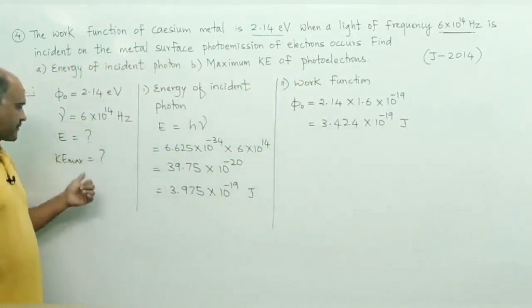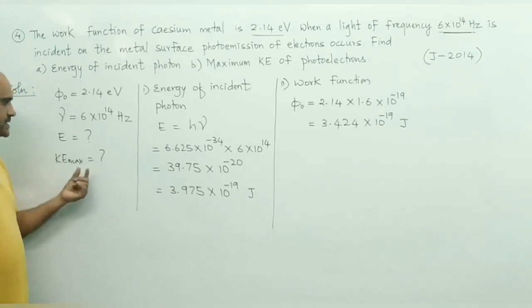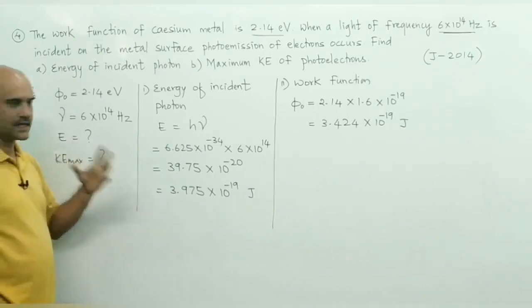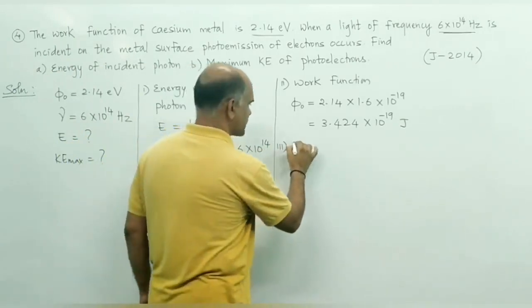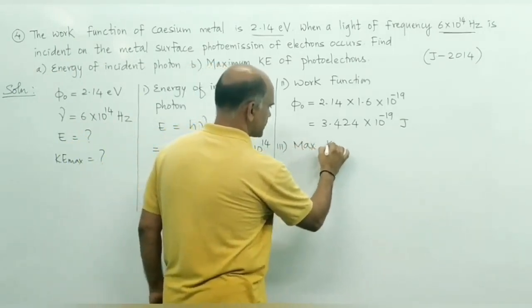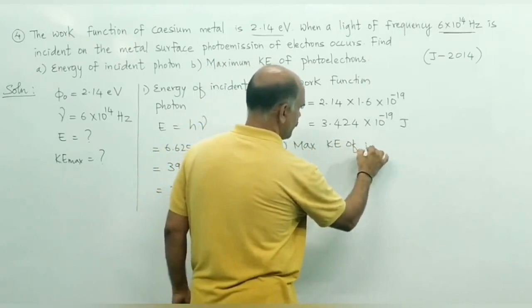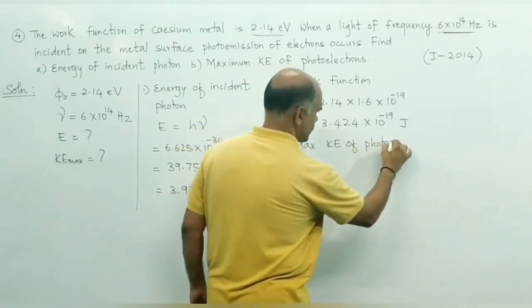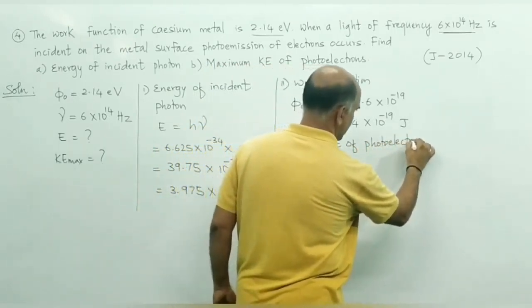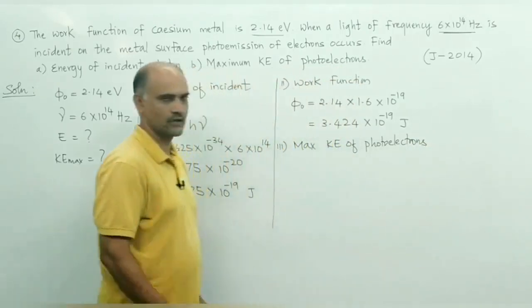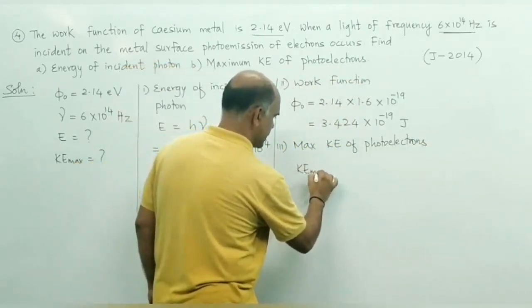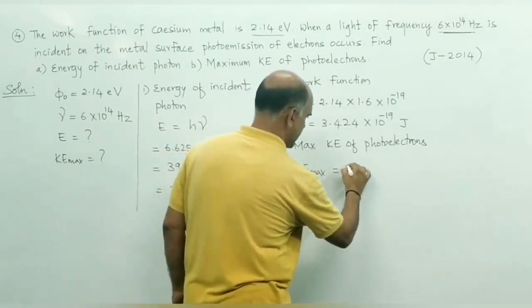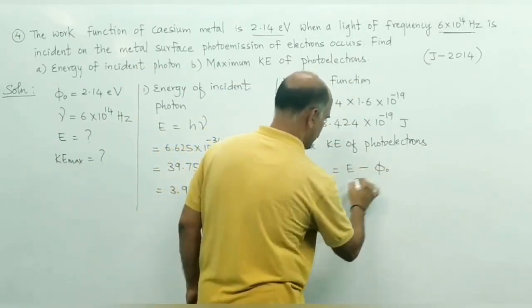Now final step, again use Einstein's equation to find kinetic energy. So in third step, K max, that is maximum kinetic energy of photoelectrons, is equal to E minus phi naught.